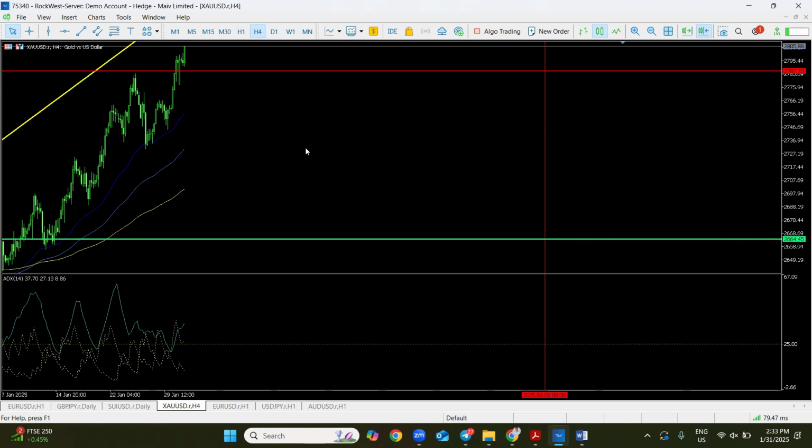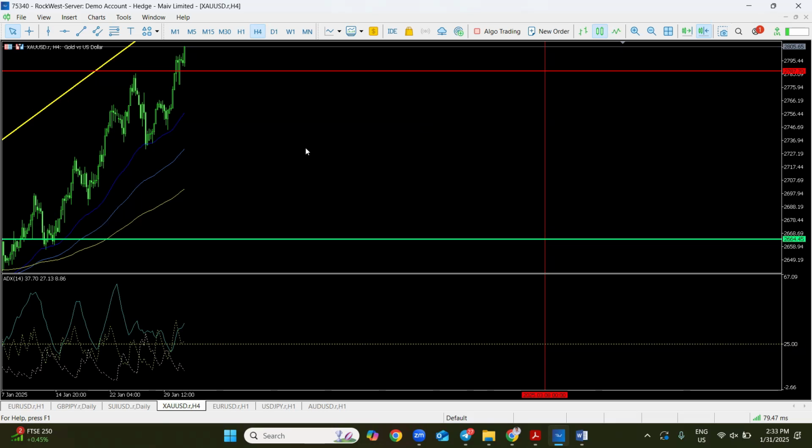So that means that gold has got a stronger trend moving forward anywhere between 1 hour to 4 hours time. It's got this time frame of moving upwards because we are looking at our chart. If you're looking at the 4-hour chart, that movement you could expect could happen anywhere between 1 hour to 4 hours time from now.